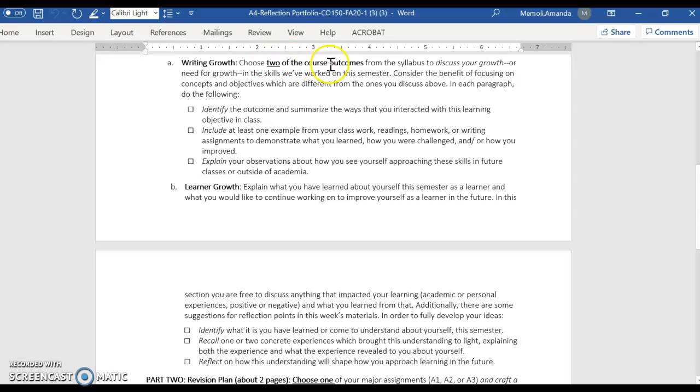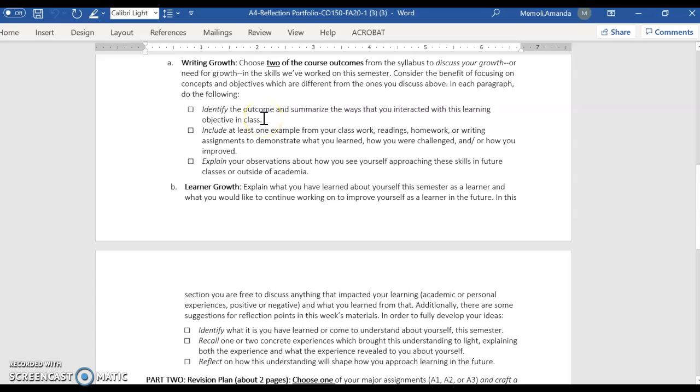You're going to choose 2 of the course outcomes from the syllabus to discuss your growth or need for growth in the skills we've worked on in this semester. Consider the benefit of focusing on concepts and objectives which are different from the ones that you discuss below. And then in each paragraph, you're going to want to do the following.